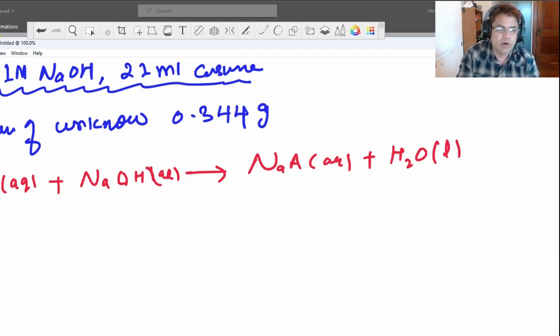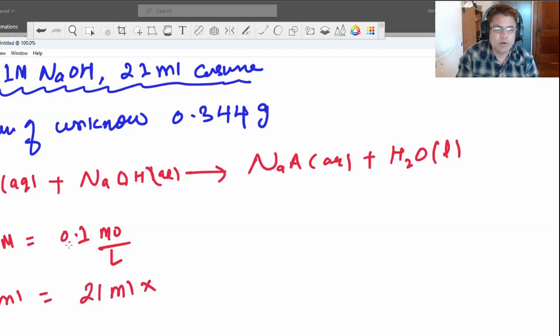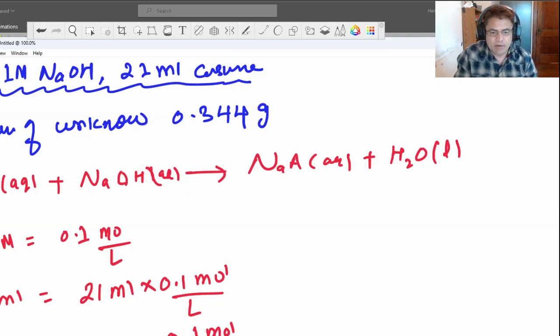0.1 M means 0.1 mole per liter, right? So how many moles are consumed? 21 ml times the molarity, 0.1 mole per liter, right? But you have to cancel ml and convert that liter into ml. This equals 21 ml times 0.1 mole divided by 1000 ml.